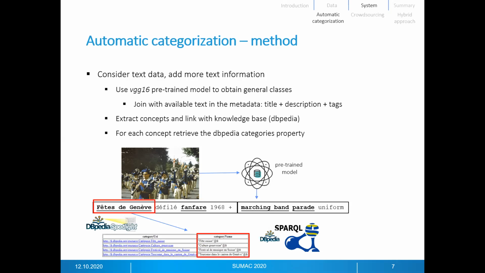The entity extraction tool recognizes the concepts Fête de Genève and fanfare, marching band, and parade. Exploring the DBpedia category of the Fête de Genève concept gives us the Fête Suisse, which is another event. On the other hand, categories marching band and parade give more context that this event is a tradition as well.